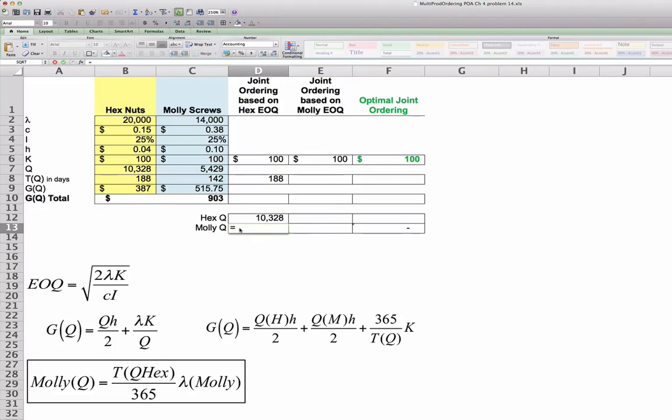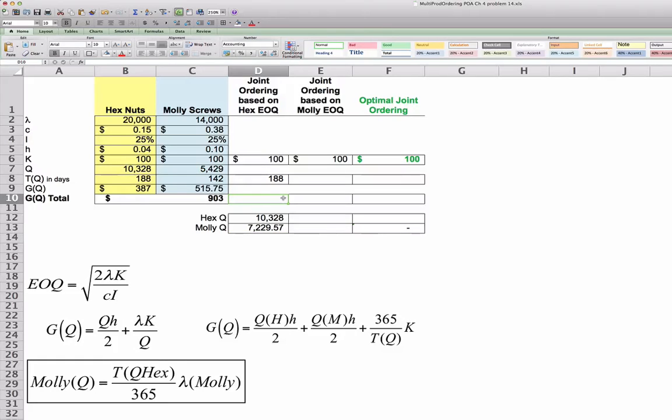Well, it would simply be equal to the order interval divided by 365, multiplied by the annual demand volume for molly screws. In this case, you see we would get an order quantity of 7,230. Again, this means if we were to place an order every 188 days, we would actually obtain an order quantity for molly screws of 7,230. Notice, of course, that this is not optimal for molly screws.